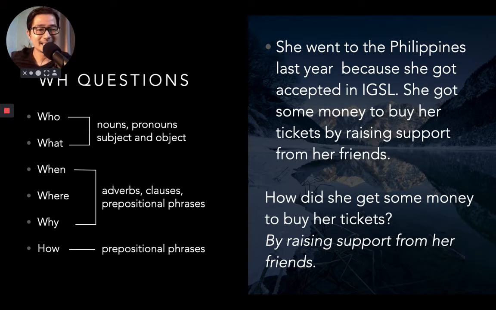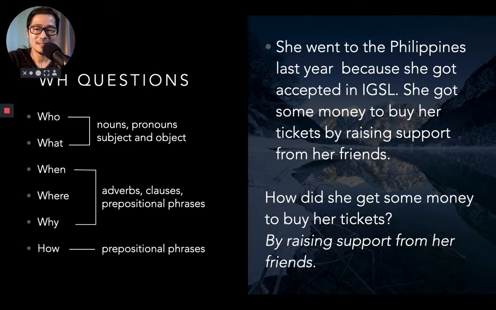Okay, did you see that? Again, we were faithful to the grammatical structure. Now, it's not always the case. Sometimes you have to be unfaithful to the grammatical structure. You have to change it a little bit because sometimes it won't make sense. I'll show you some examples later on. But if you can, as much as possible, try to be faithful in using the original grammatical structure. Okay?